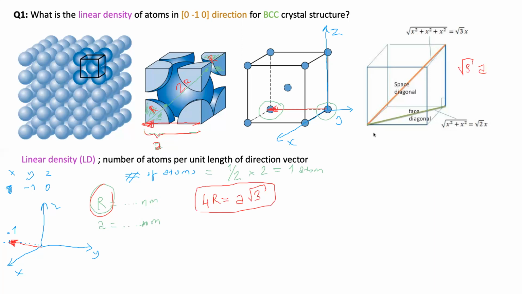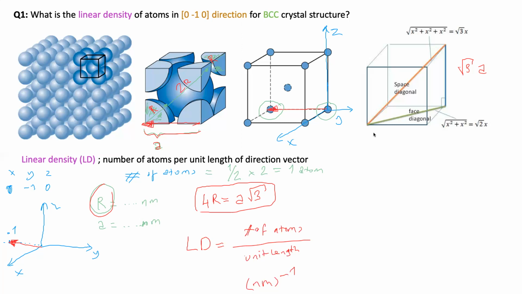Let's try to write the linear density now. It was the number of atoms per unit length of the direction vector. And the unit was nanometer to the power of -1.